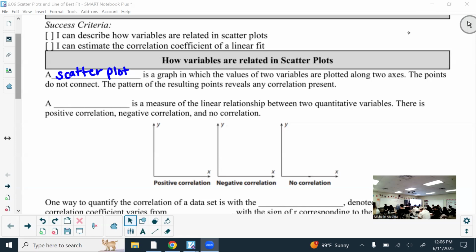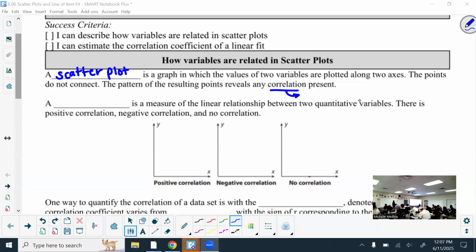Okay. So we use the word correlation in everyday language. So what's another word for correlation? Match, other words, seem alike. What else? Like if I said there's no correlation there, what am I saying? They have nothing to do with each other.